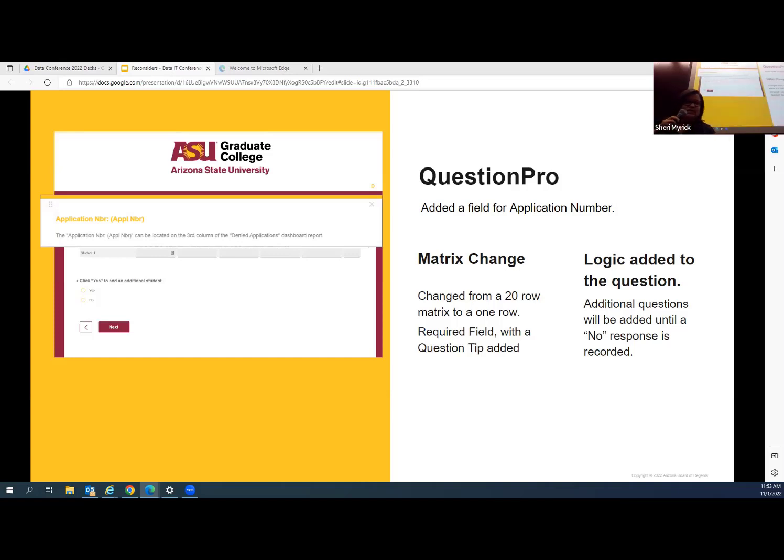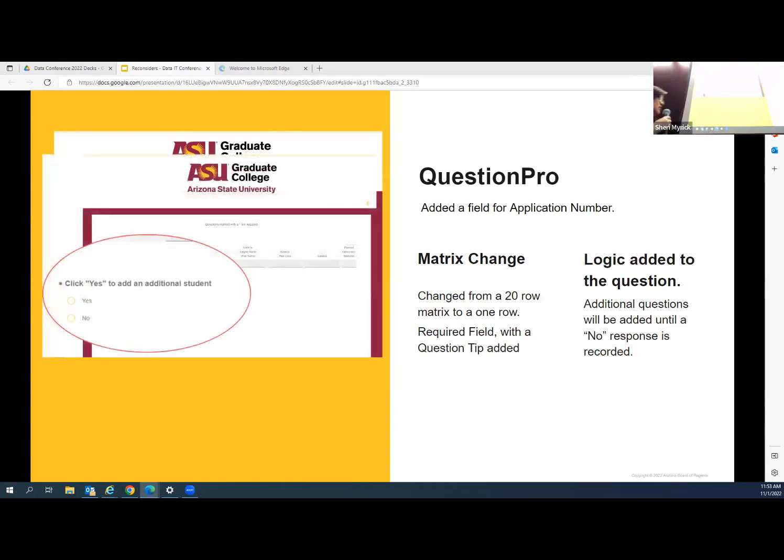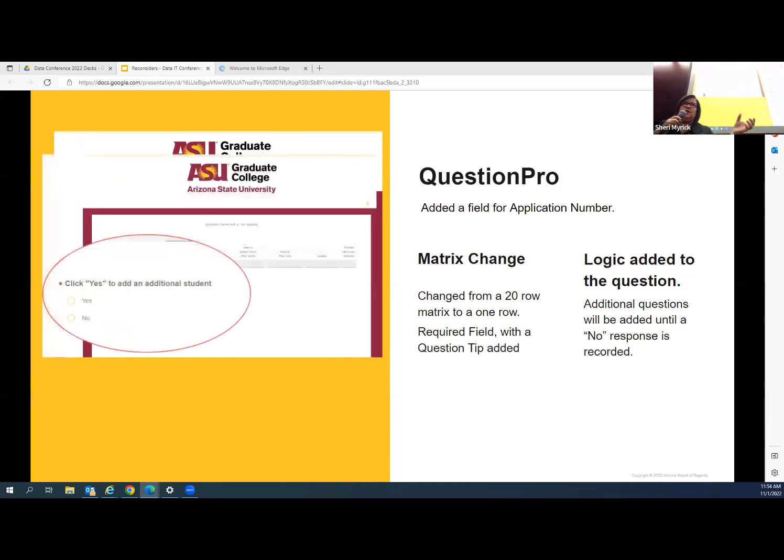And in the applications report, the employee ID and the application number are highlighted in maroon to give a visual cue that these things are important. Here, you click yes to add an additional student. Because I was able to copy the survey from the past, I was able to reuse it and not mess with the first survey that we used for fall 2022.